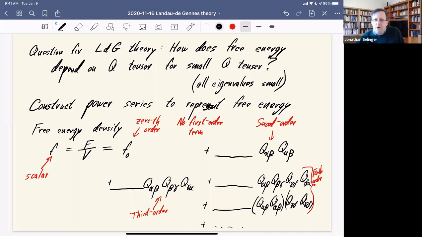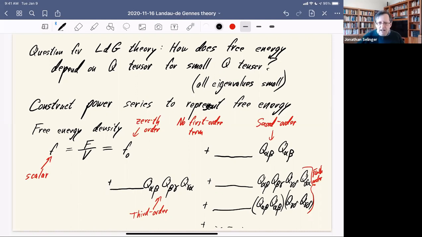Okay, and so you remember here the idea in Landau theory in general, in this kind of symmetry-based approach, is that we want to figure out, how can the free energy possibly depend on the order parameter?